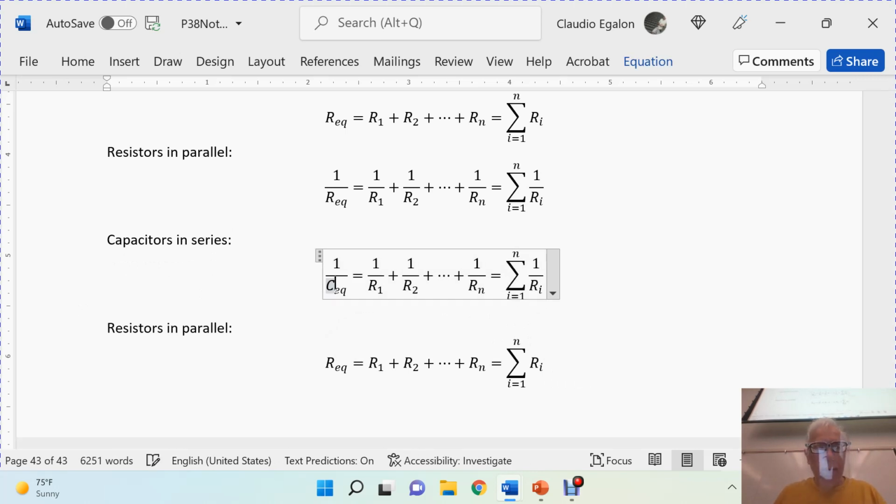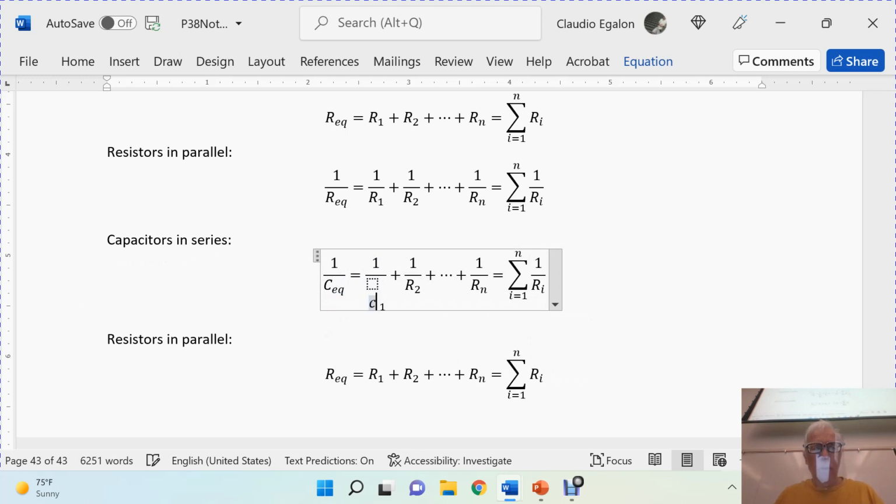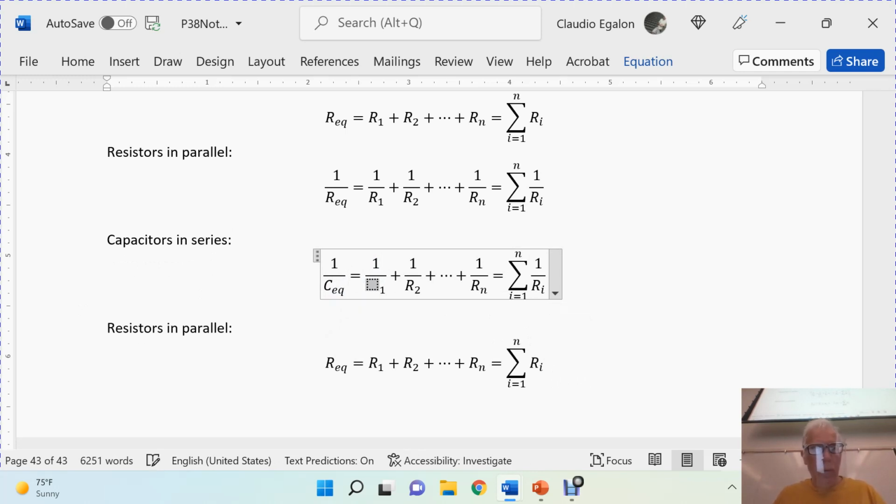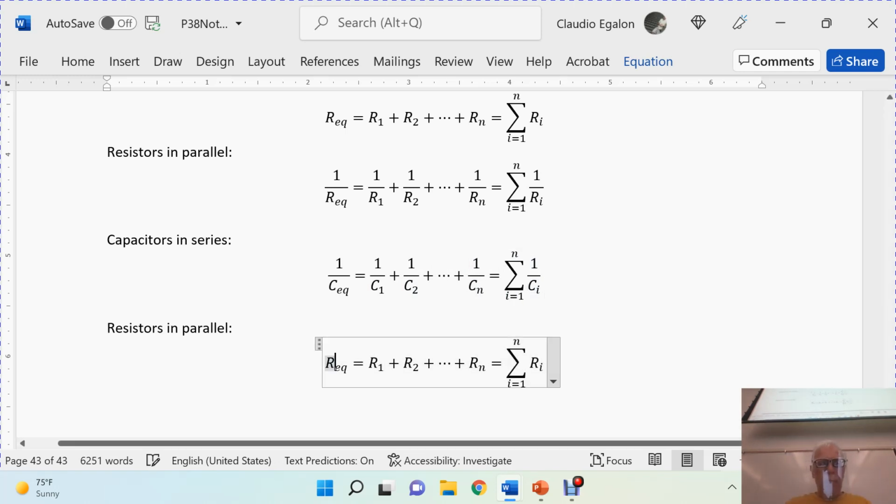The relation is like that. Here you go. Capacitors in series.